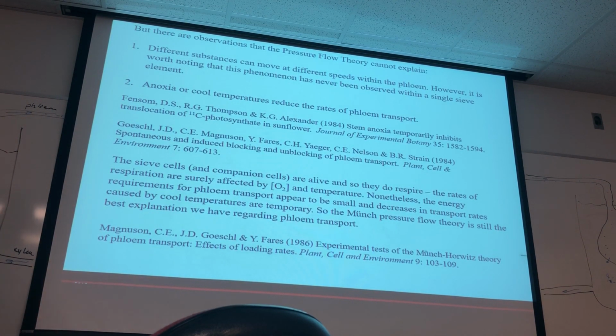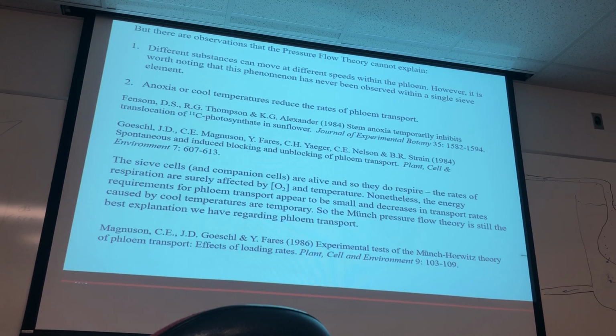So if you have, erase this. We don't need this anymore, right? If you have a leaf, let's say, you have a nice leaf here with a super long petiole.